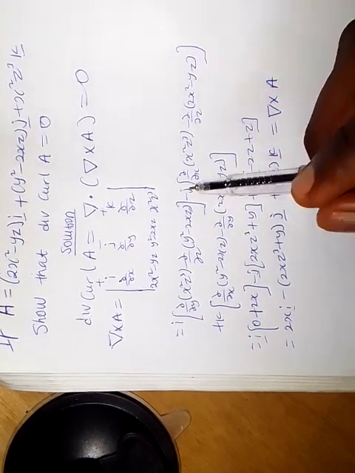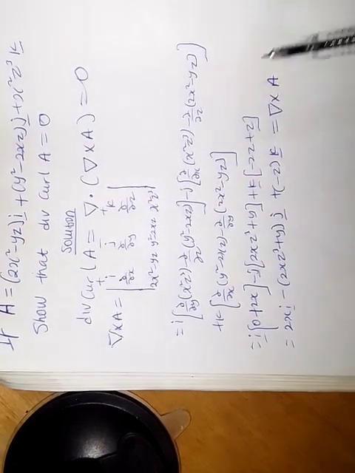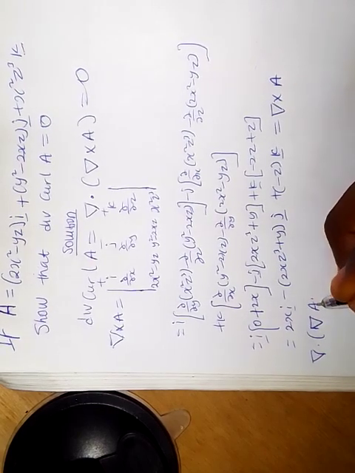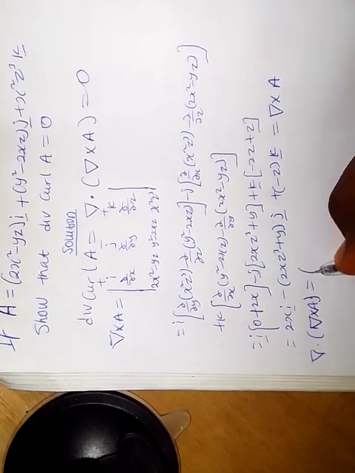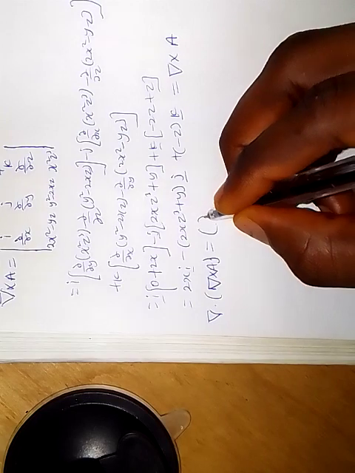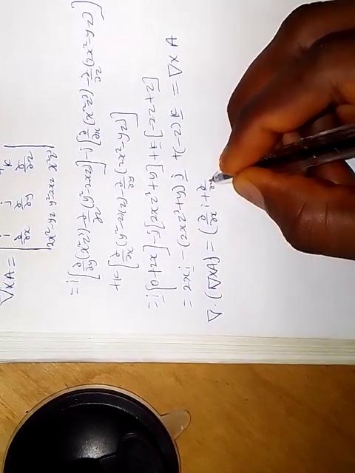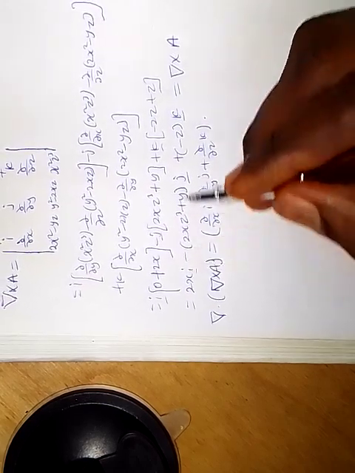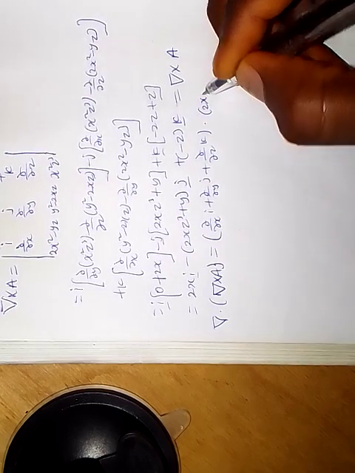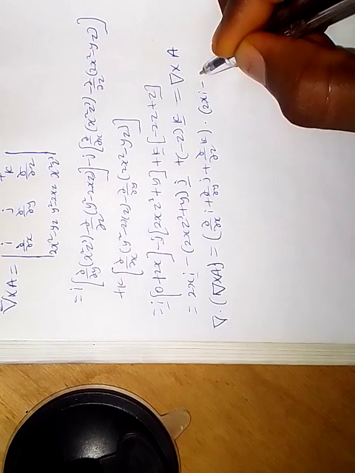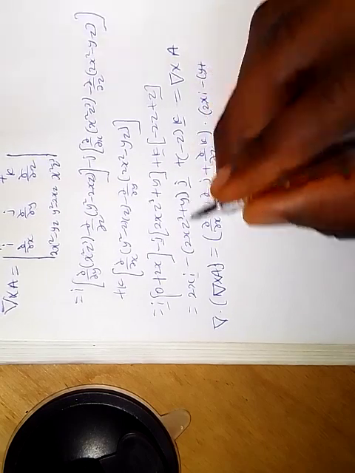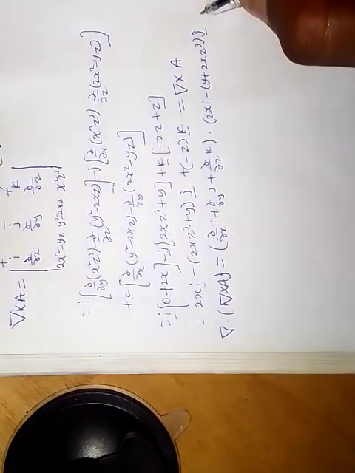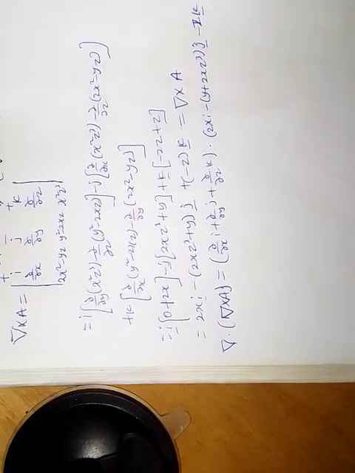So the next step is to find the divergence of this curl of A. So we have div of curl A. The divergence can be written in this form as partial x i plus partial y j plus partial z k dot the curl of A. So we have 2xi minus (2xz³ minus y) j minus zk, just rewriting it.